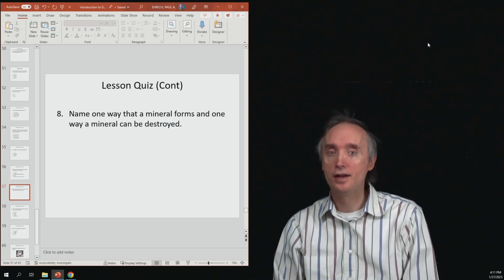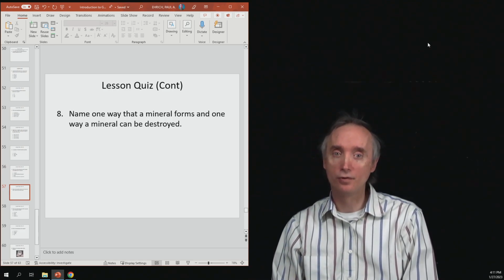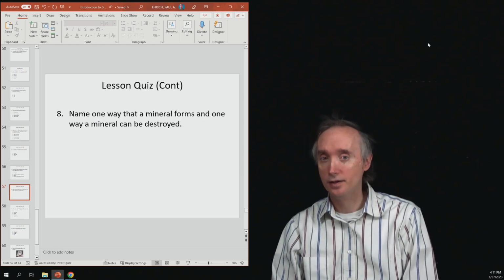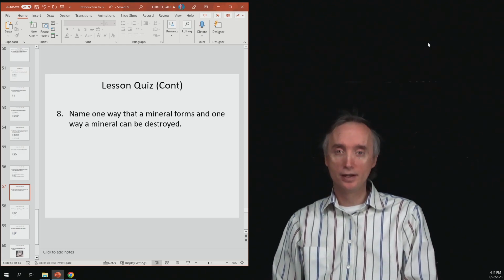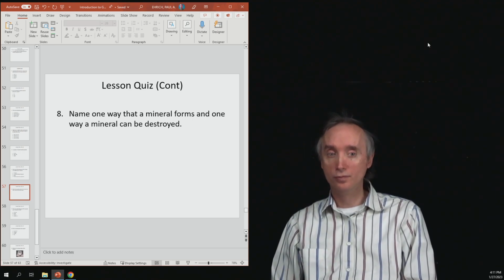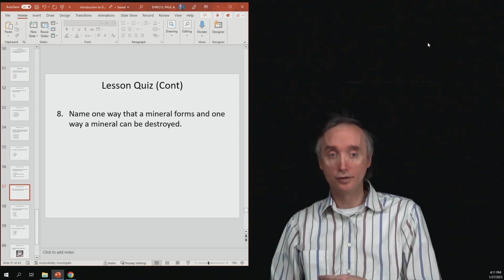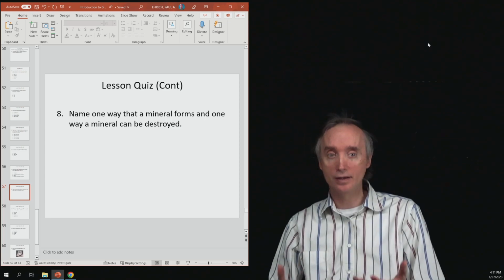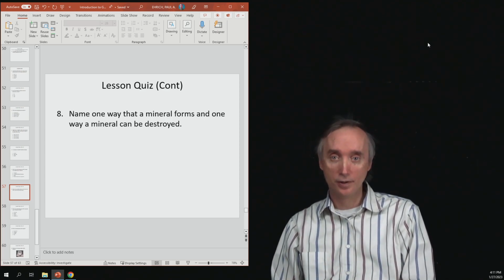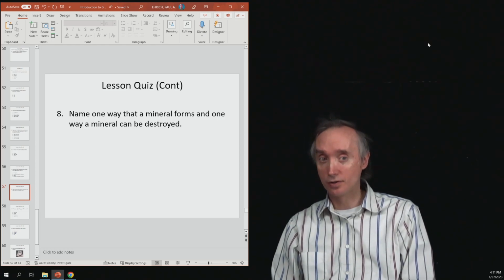Number 8, name one way that a mineral forms and one way that a mineral can be destroyed. So we said, for example, that a mineral can form when it freezes out of a melt, like magma or lava. A way of destroying it would be to heat it up, and then it turns back into a liquid. Another way of making one was biological.